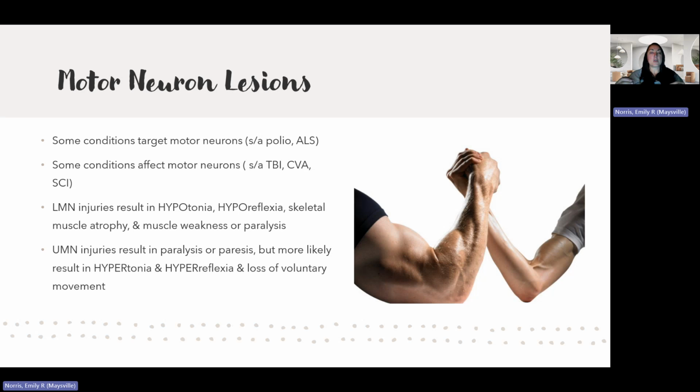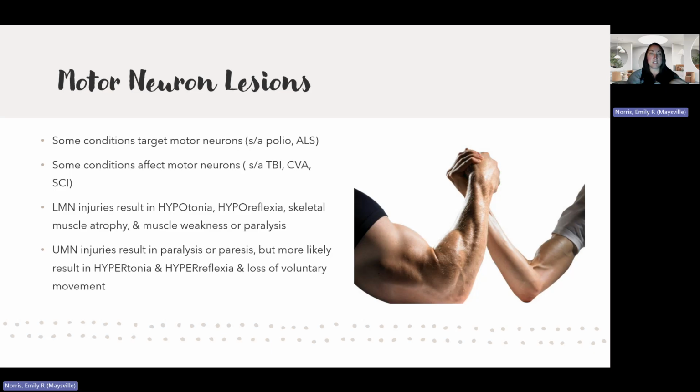With lower motor neuron injuries, you have low tone, you have low reflexes. The skeletal muscle becomes weak and atrophied and likely paralyzed. With upper motor neuron injuries, there may still be weakness, there may still be paralysis, but they're more likely to have hypertonia and hyperreflexia.